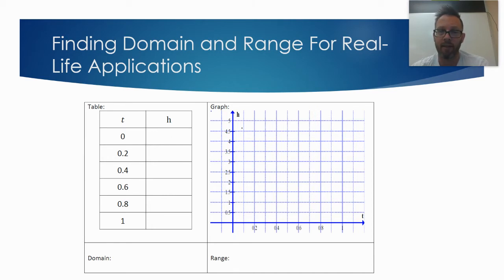When you plug in t equals 0, and again, our equation is -5 t squared plus 5, you get 5.